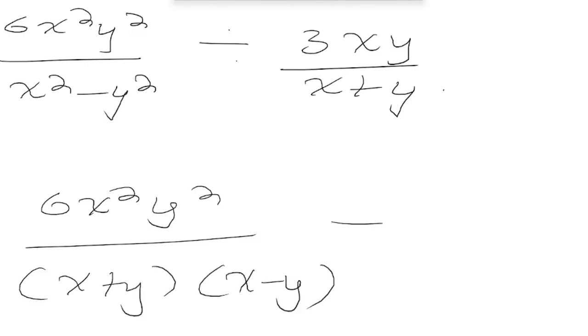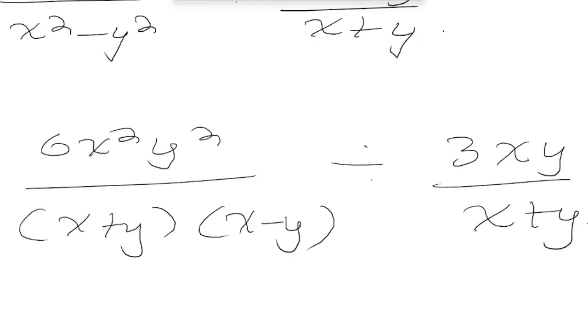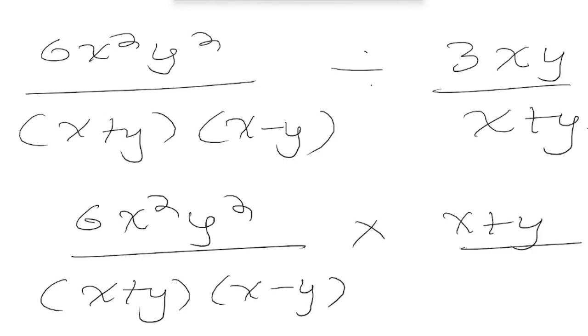After that, 3xy just remains the same, and x plus y also remains the same. Now this division sign will be changed into multiplication. So we have 6x square y square divided by x plus y, x minus y, multiplied with x plus y over 3xy.